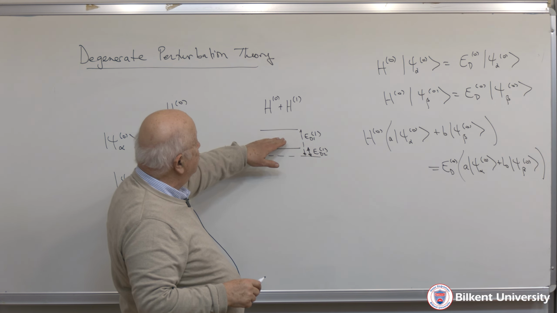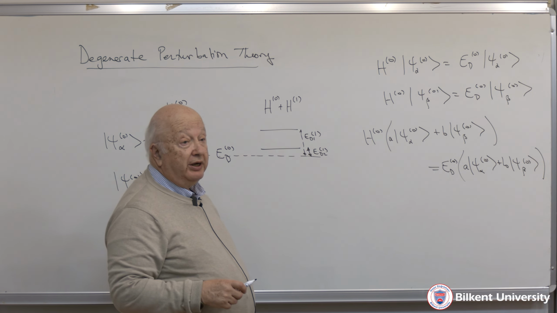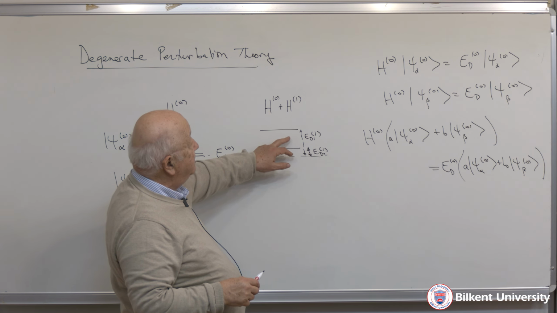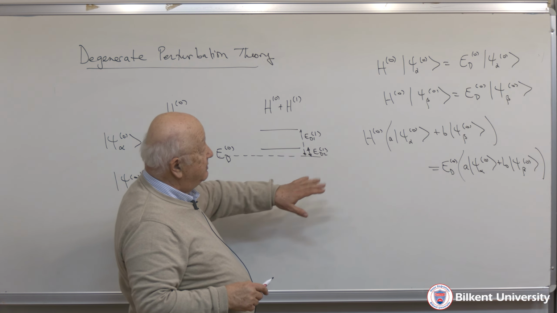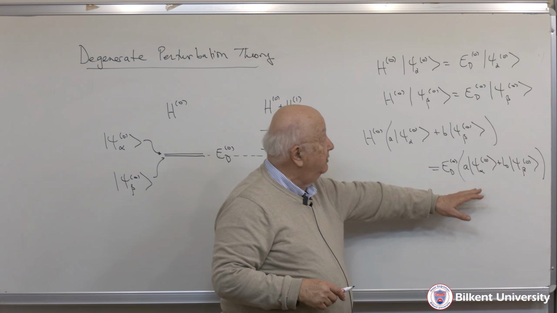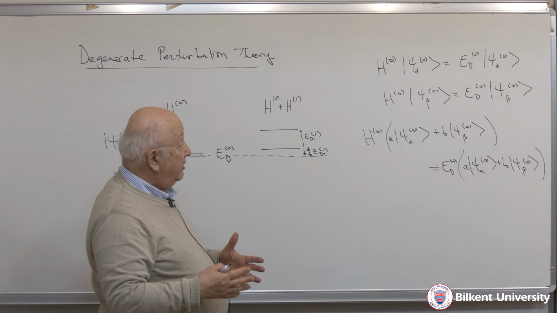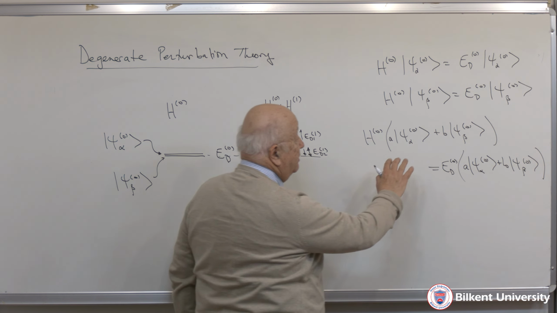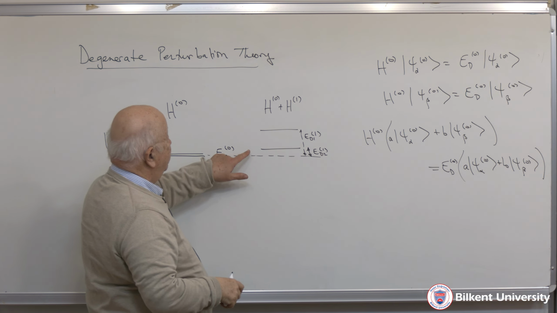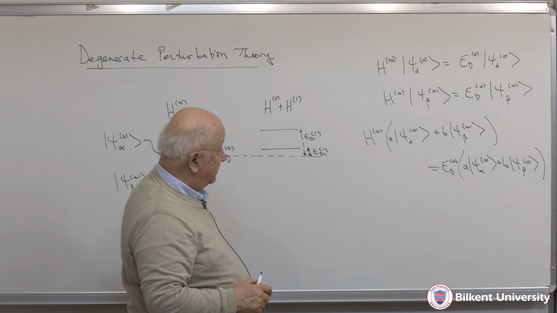It was sufficient to use the zeroth order wave functions to get the corrections to the energy. So here, again, it's going to be the same thing. I'll just need the zeroth order wave functions, but those wave functions will be different depending on what H1 is. So depending on H1, I have to find the proper set of eigenfunctions which will give me these two energies, the first order correction to these energies.